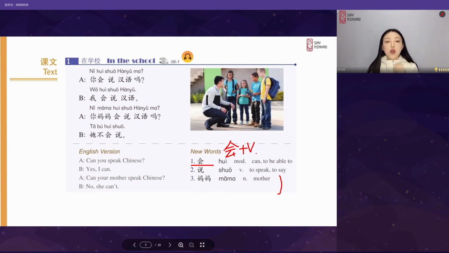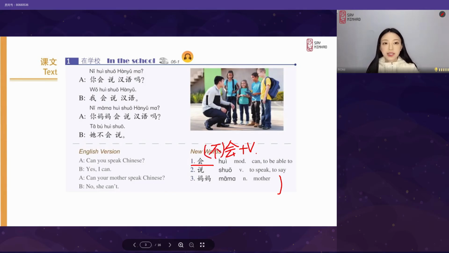For example, can speak Chinese. Today's lesson's topic is 我会说汉语. 会说汉语 means can speak Chinese. Okay, this is 会. And the negative form of this 会 is to put a 不 before it.